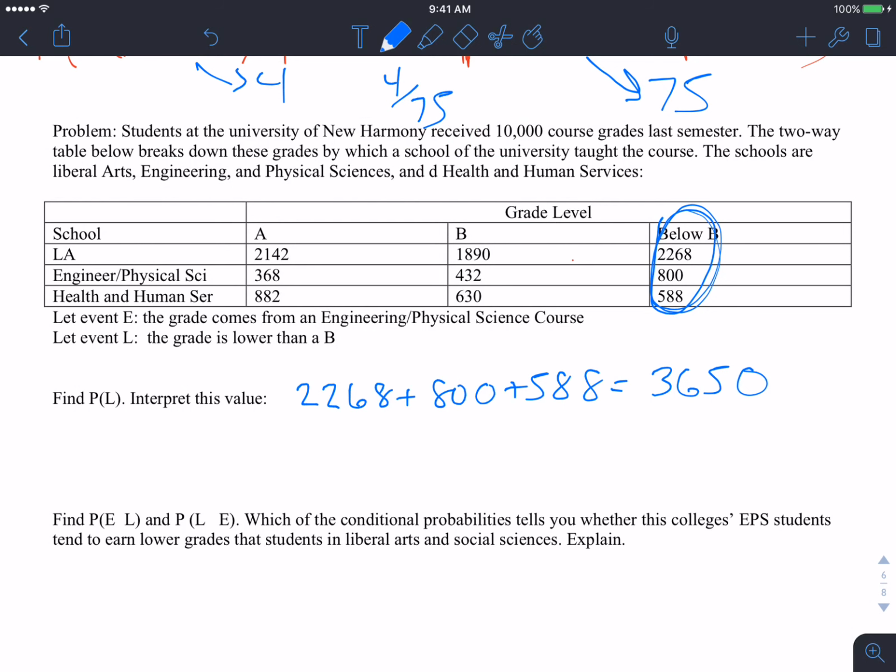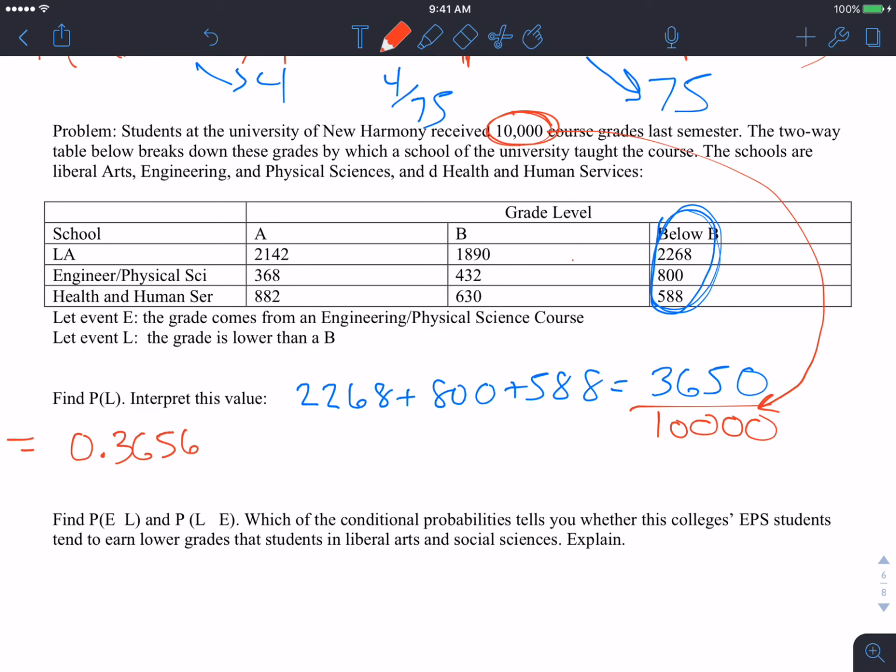So that's how many people had below a B, and in the whole entire school, I know that there's 10,000. And if I calculate that out, that is 0.3656.